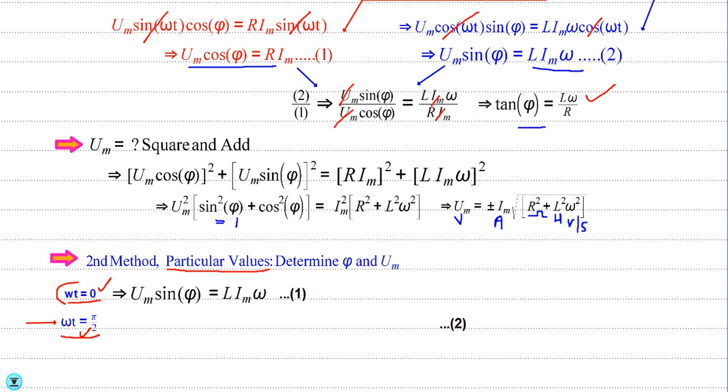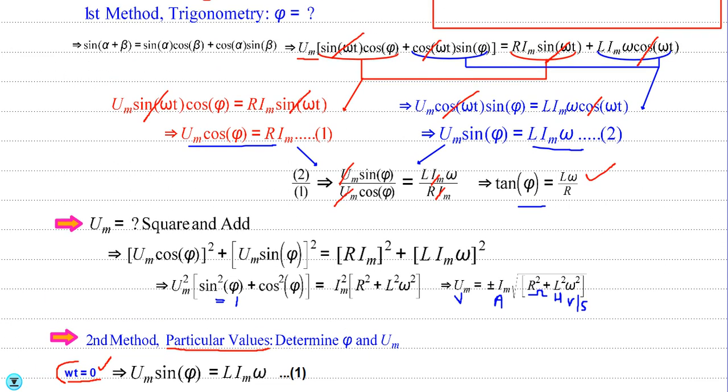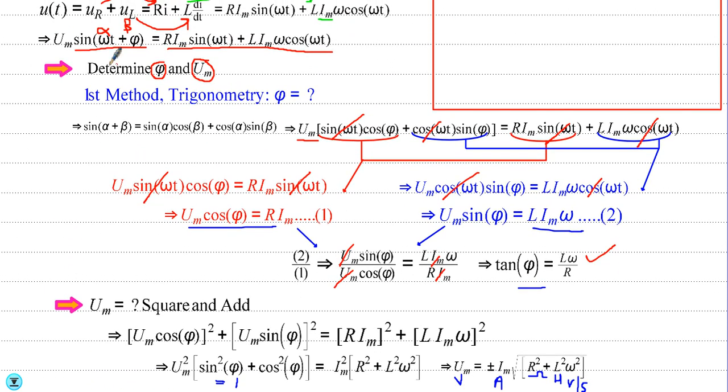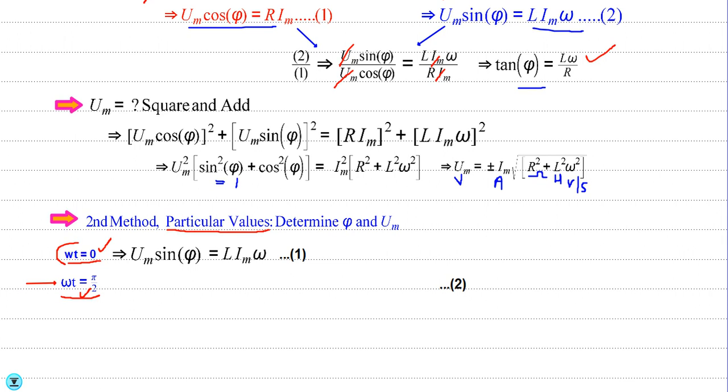So Um sine phi, whenever omega t is 0, this is 0, so Um sine phi is equal to Im sine 0. Sine 0 is 0, so it will be cancelled out. Im omega cosine 0 is 1.